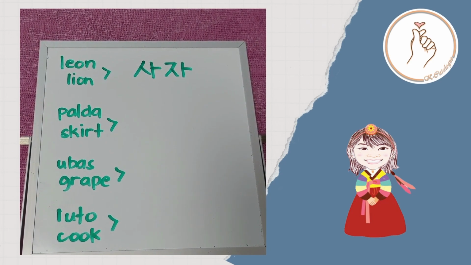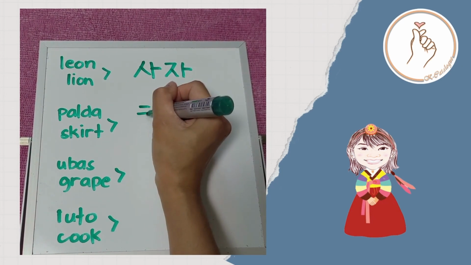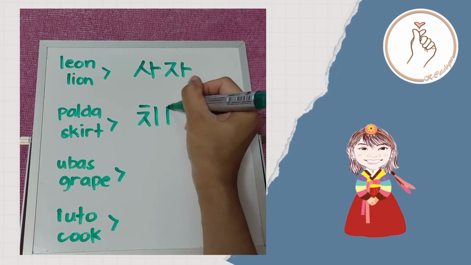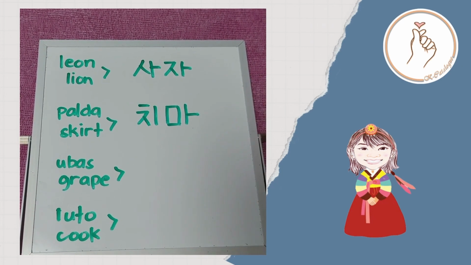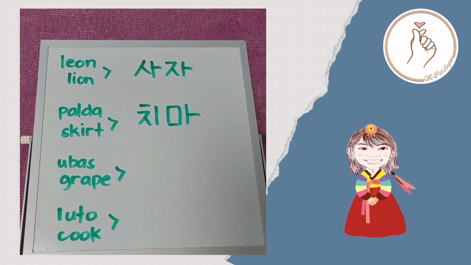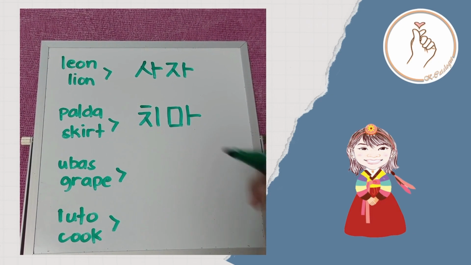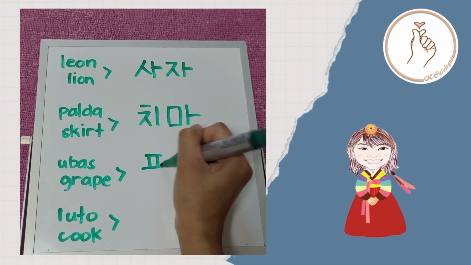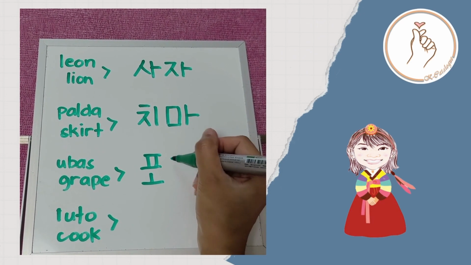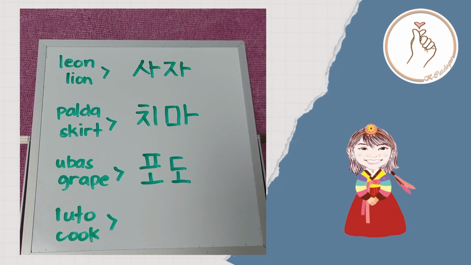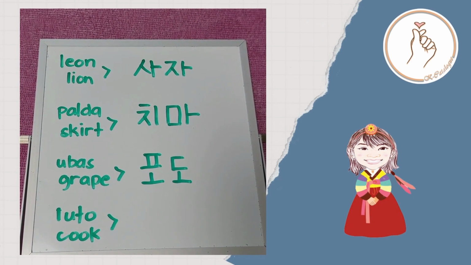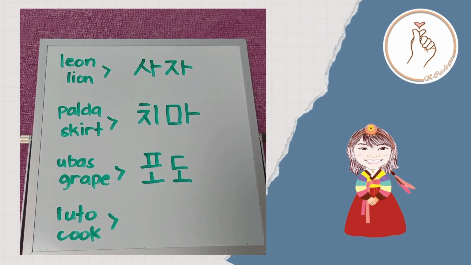In Korean, chima. Chi-ma. Next, ubas or grape. In Korean, podo. Po. And then last, luto or cook. In Korean, yori.